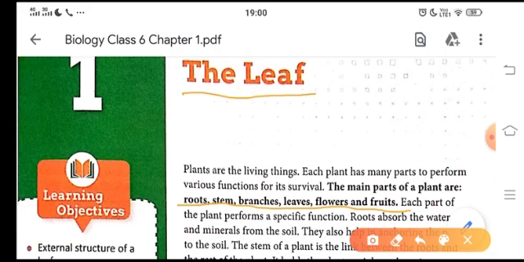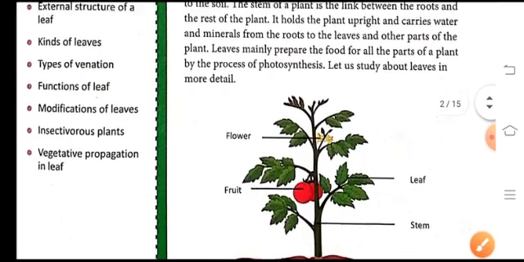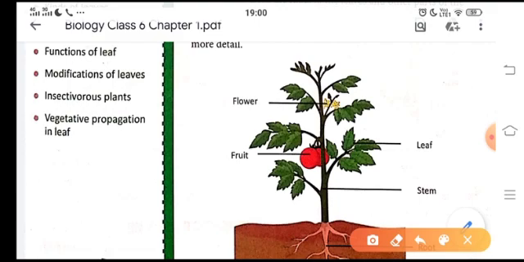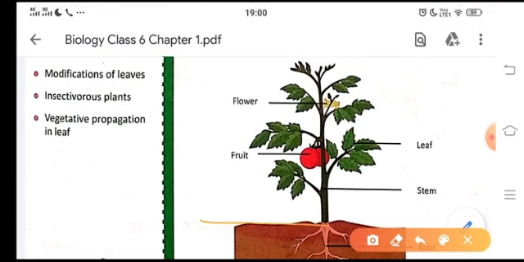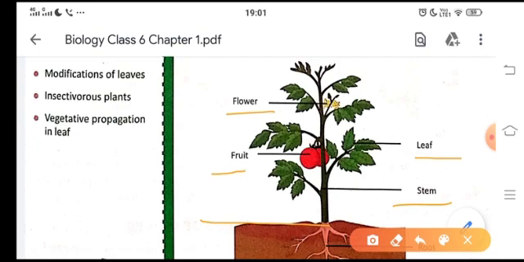Now, children, see the diagram. The different parts of the plant are roots, stem, leaf, flower, and fruit. Children, as you have seen, roots are present below the ground.